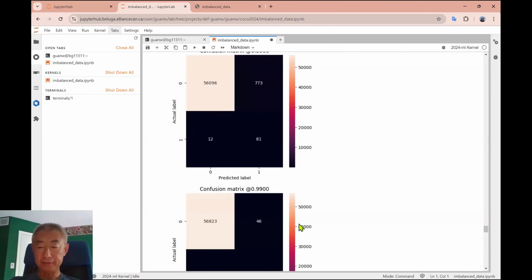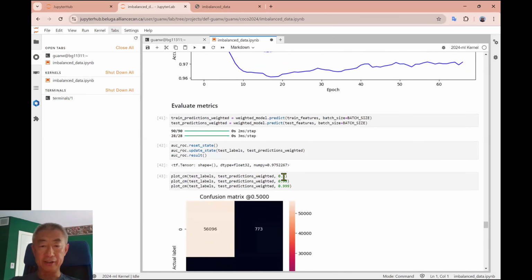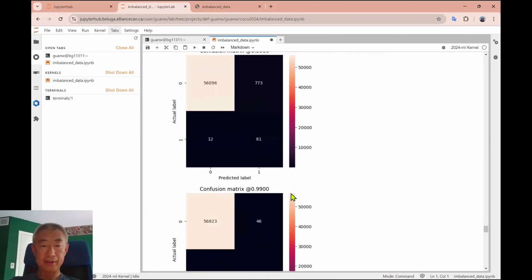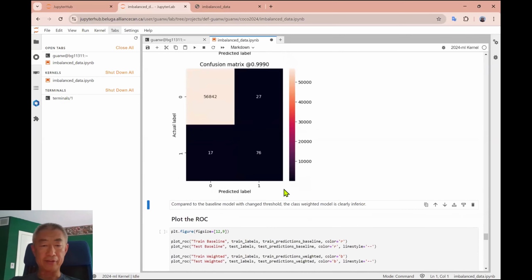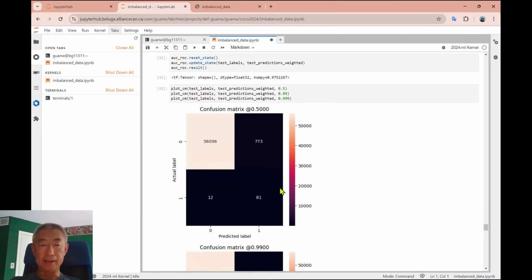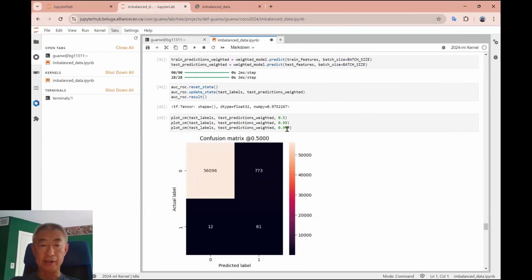And we're gonna plot the confusion matrix using different thresholds, and we can compare. But if you compare this model with the previous model, you probably only consider the threshold at 0.5.